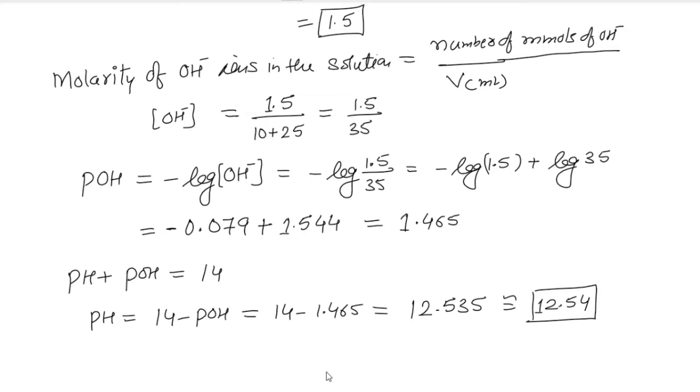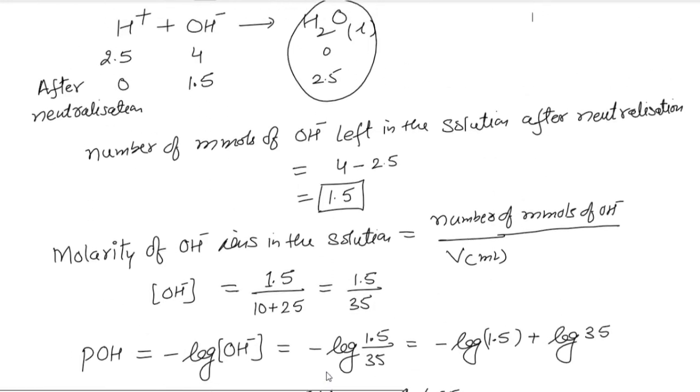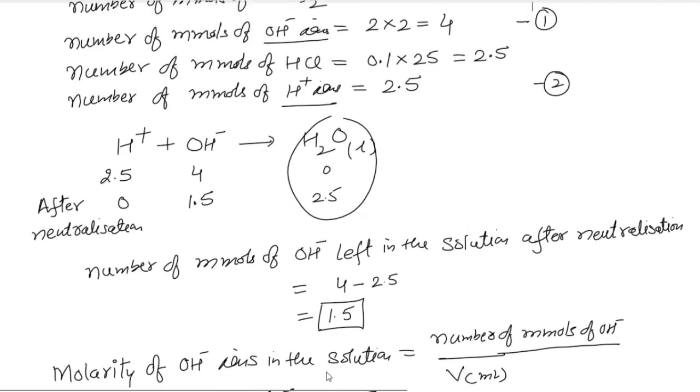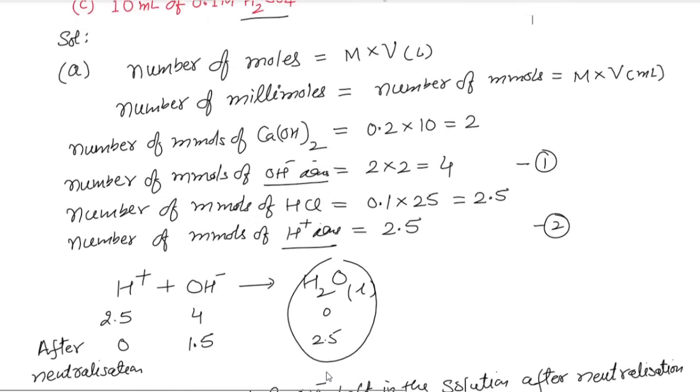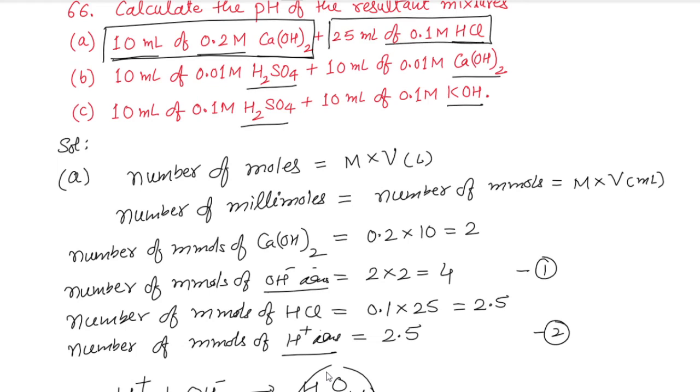I hope you understand it. See what we do. First we calculate the millimoles of OH negative ions. Then we calculate the number of millimoles of H plus ions and neutralize. Then we see what is left in excess; in this case OH negative ions are in excess.